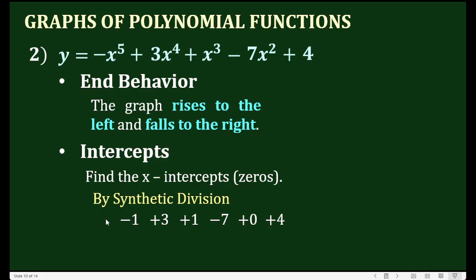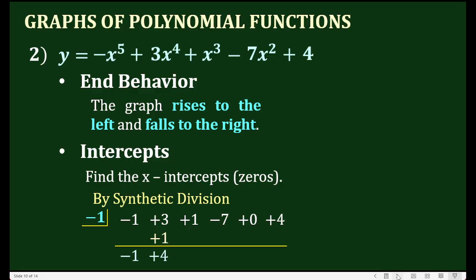Then, consider one possible root, which is one of the factors of 4. We will begin with the smallest factor, and that is negative 1. And then we carry out the synthetic division process. We bring down negative 1, times negative 1, so that is plus 1 added to plus 3.